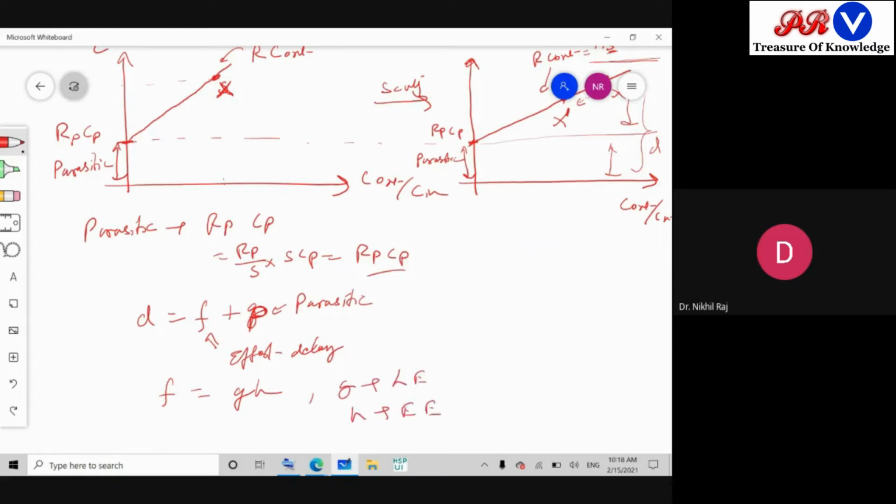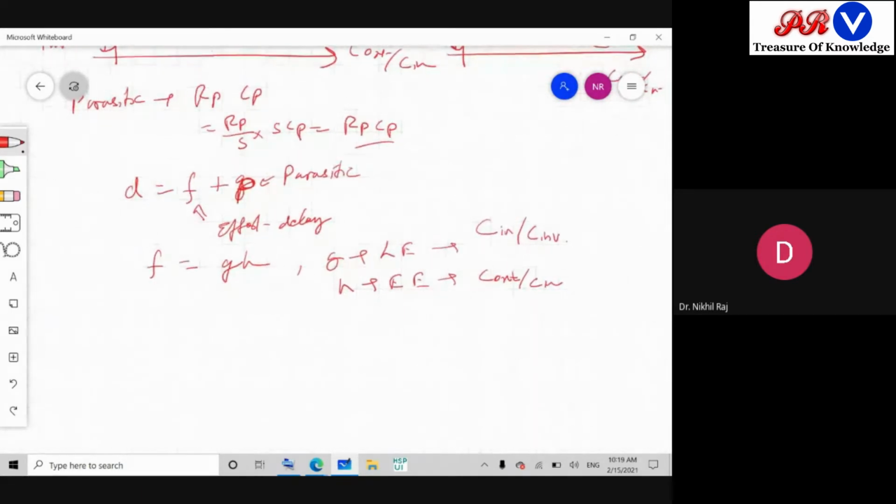H is the ratio of the output capacitance to the input capacitance, and logical effort was given by input capacitance to the inverter size capacitance. Okay, so this was the thing. Now we will compute the delay, how these are used to calculate the delay. So till here, any problem, anyone of you, so that we can move to the exercise part.